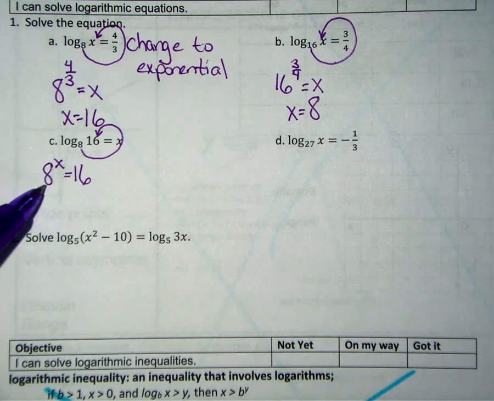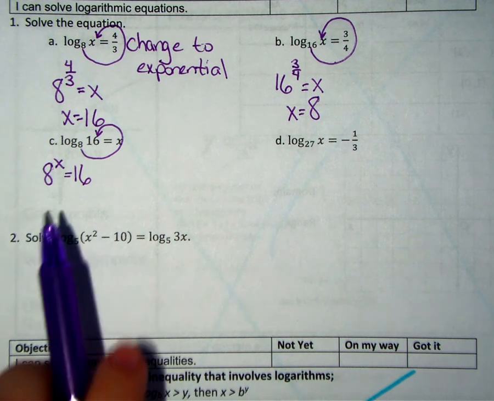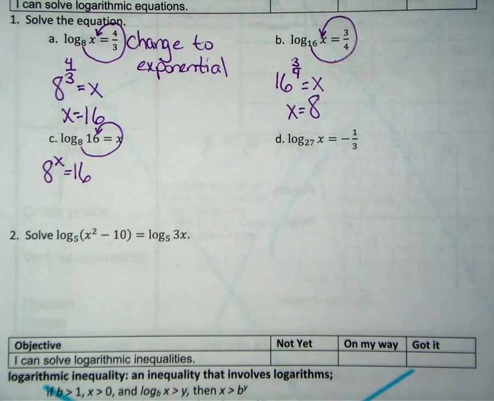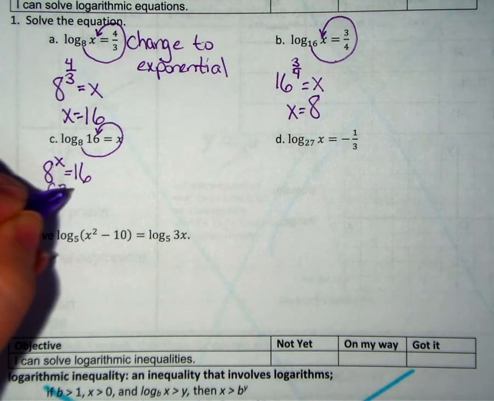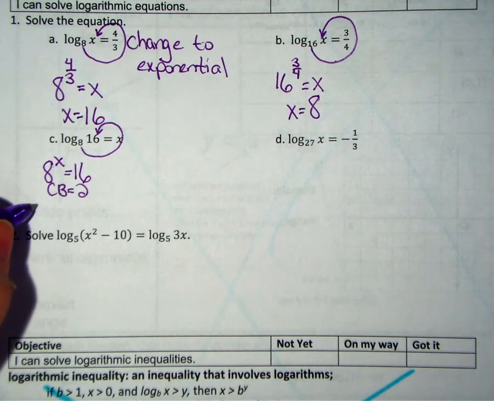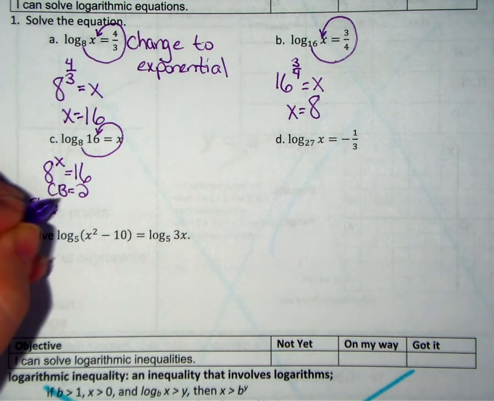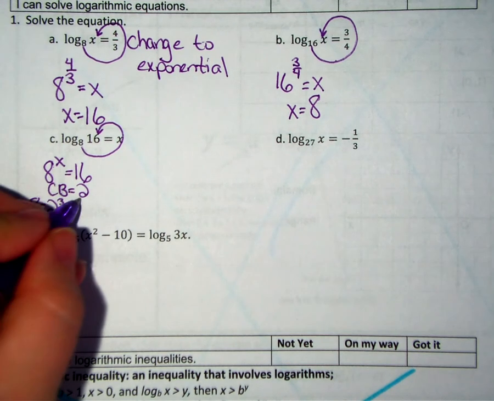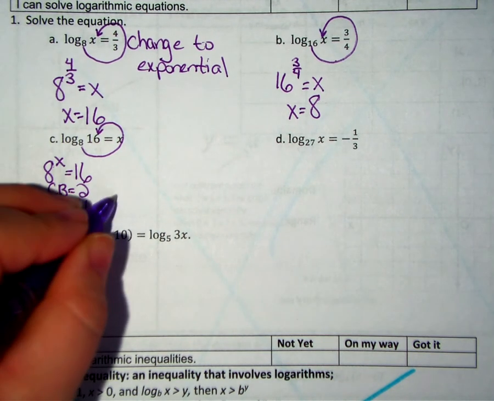So what we can do is maybe rewrite it as an exponential equation. Thinking back all the way to 7.2, when I had something that looked like this, I knew I had to find a common base. The base that I could use is 2. I know that 8 is 2 to the 3rd, and that 16 is 2 to the 4th.